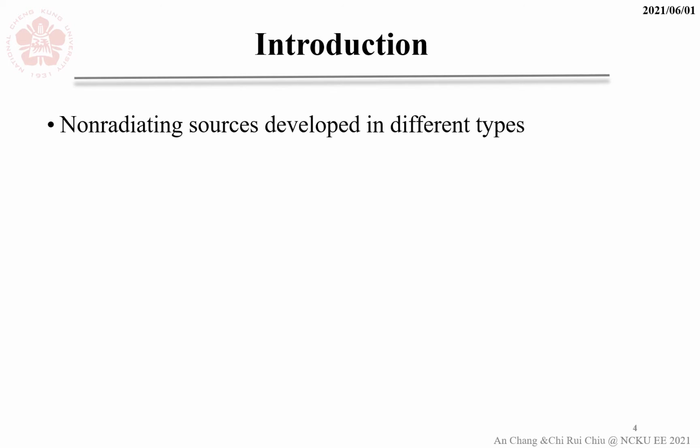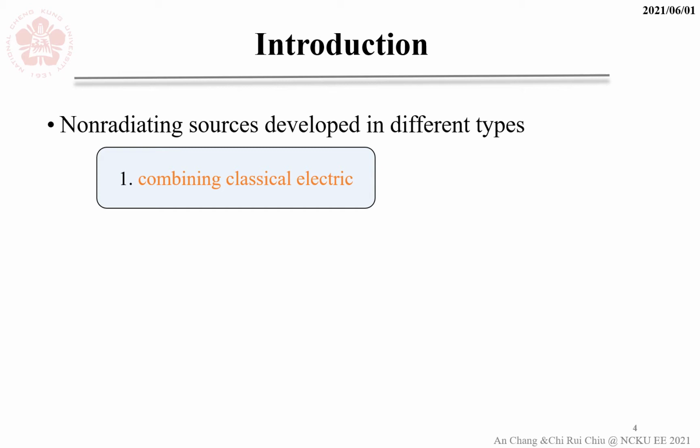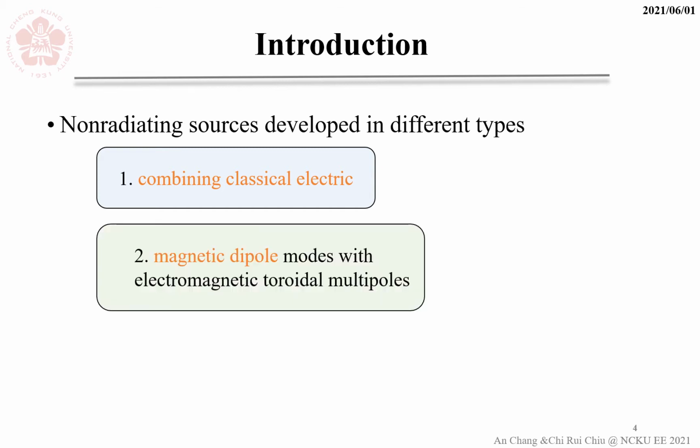Non-radiating sources develop in different types. First, a non-radiating state could be generated by combining classical electric and second, magnetic dipole modes with electromagnetic toroidal multipoles. One of the simplest is a toroidal dipole mode oscillating out of phase with respect to a single electric dipole.